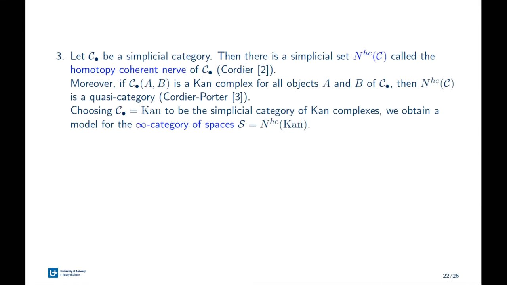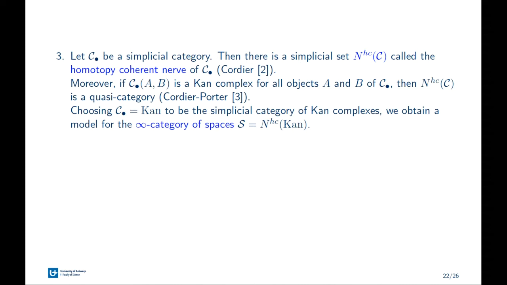Next up, a little bit more advanced. If I start with a simplicial category, by that I mean a category enriched in simplicial sets, meaning that the hom sets in my category are no longer sets, but simplicial sets, in such a way that I have a nice composition. Then I can associate with it a simplicial set called the homotopy coherent nerve, invented by Cordier. And moreover, we have some conditions.